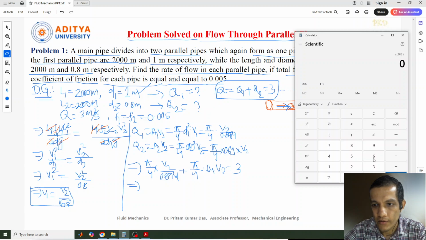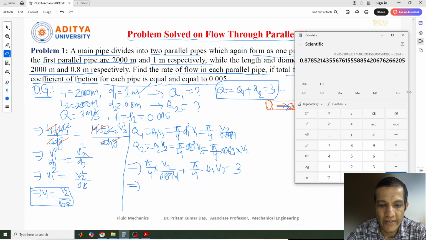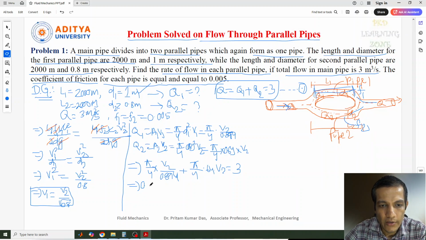Yeah, so pi divided by 4 again, divided by 0.894, so this is 0.878. So I can write 0.878, this is V2.